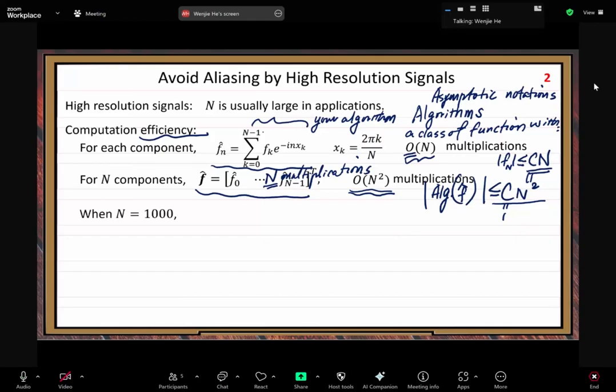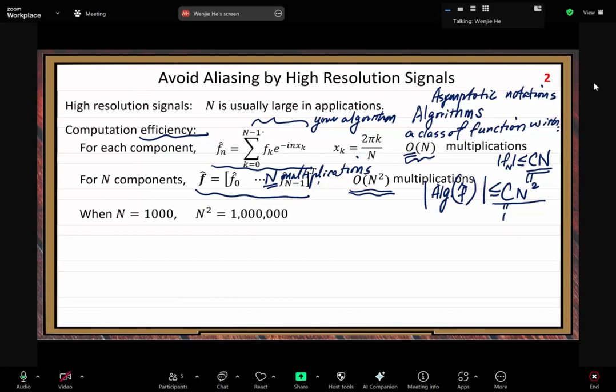When n equals 1,000, n squared is 1 million. So when you need to process data with 1,000 sampling values, you need to do 1 million multiplications.